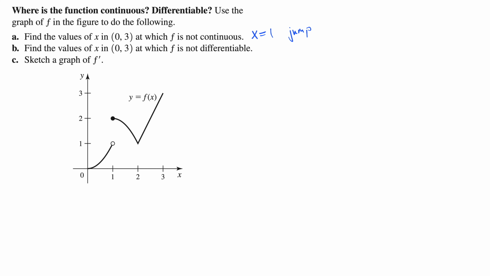Well, we know anywhere it's not continuous is automatically not differentiable. So we have x equals 1, and we also know it's not differentiable at a corner, so we also have x equals 2 because that's a corner.